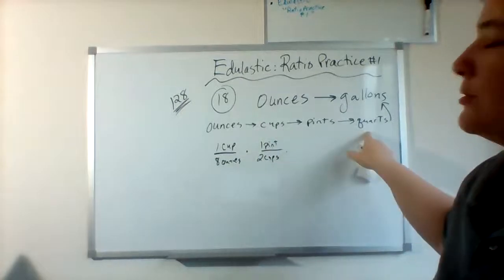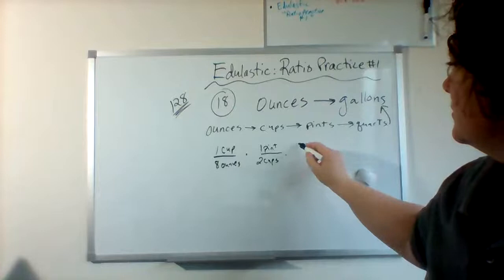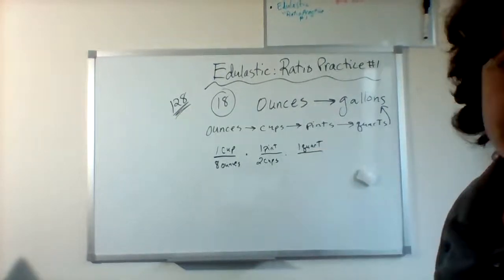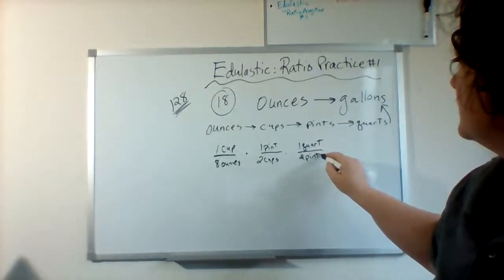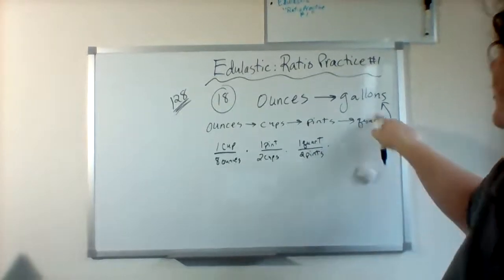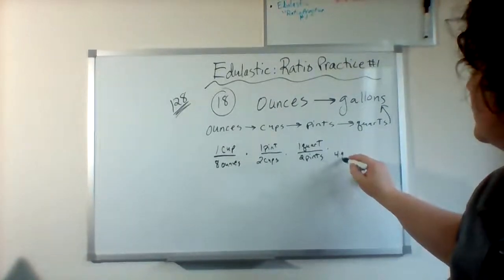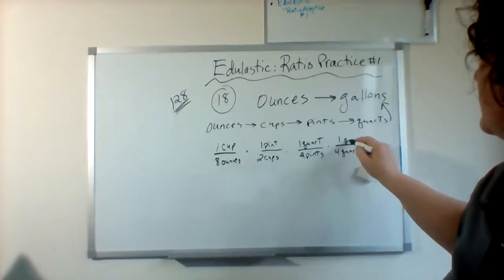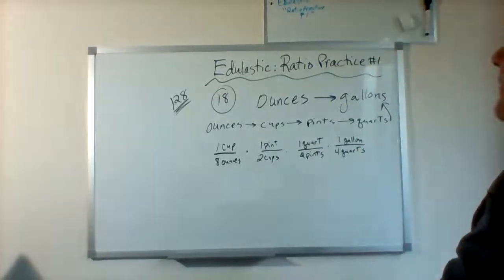Ounces to cups to pints to quarts. 1 quart is 2 pints. And then from quarts to gallons. So 4 quarts is 1 gallon.